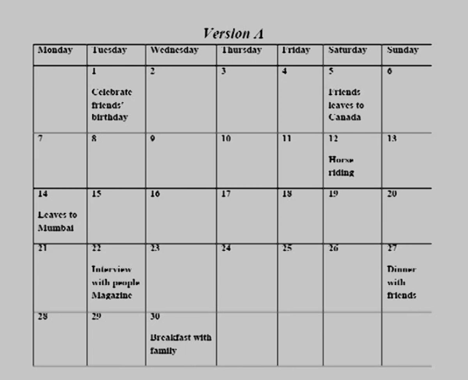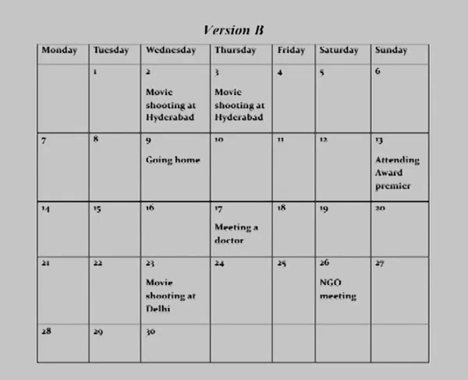Some information about the actress's activity on certain days is given in the calendar. In the same way, version B has different information about the same actress on different days in comparison with version A, and version A does not give that information. Like in version A, on 1st of April the actress celebrates her friend's birthday, which version B doesn't contain.